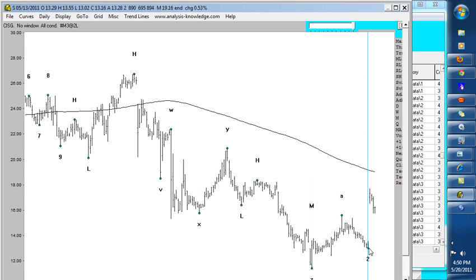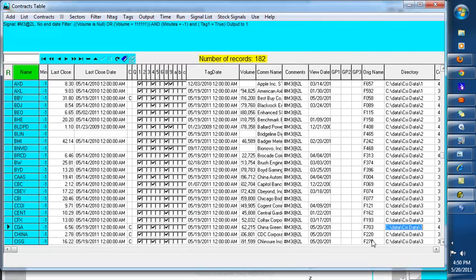I would do that by looking at what happened here, what happened here, what happened here, and what happened over here. And if the market behaved properly at these points, this would then give me a higher probability that this is a pivot 2.